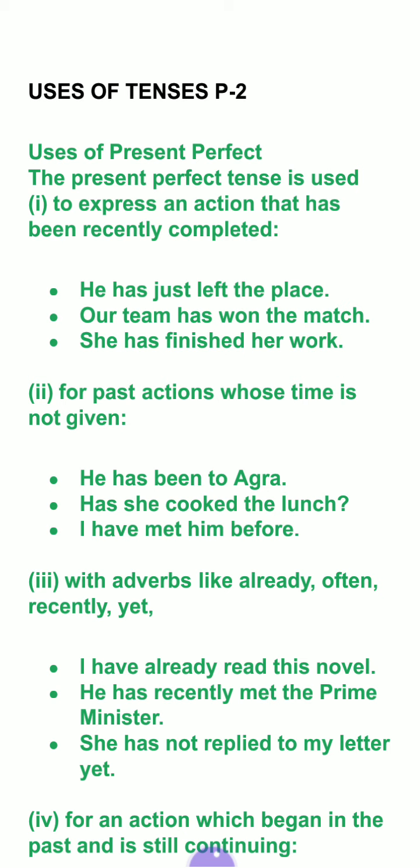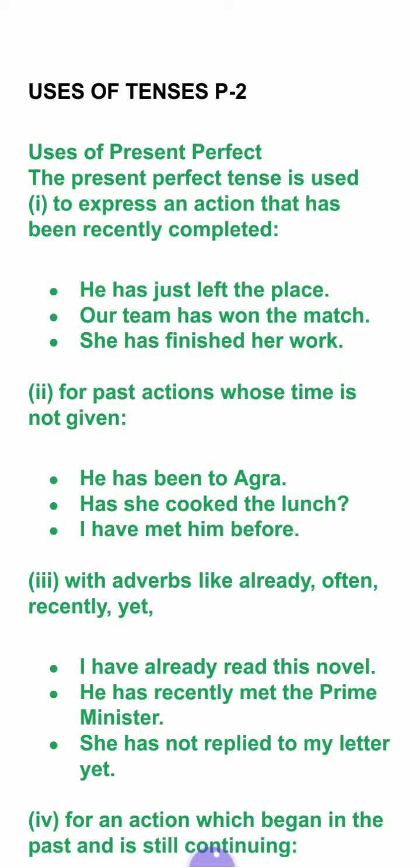Has is used with all the singular subjects, and have is used with all the plural subjects like they have, we have, and singular subject she has, Ravi has. So these are the uses of has and have.